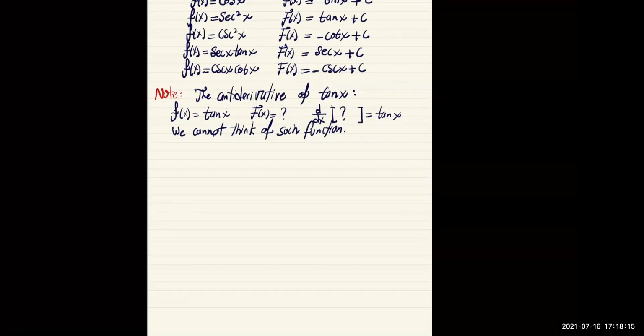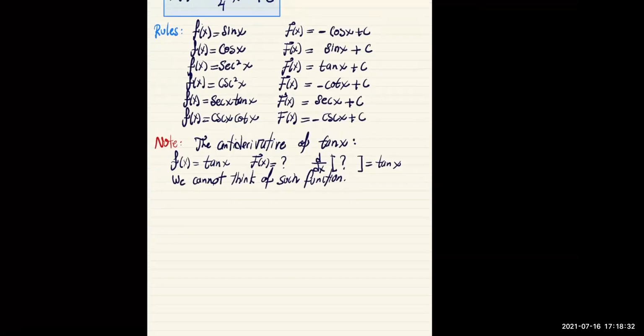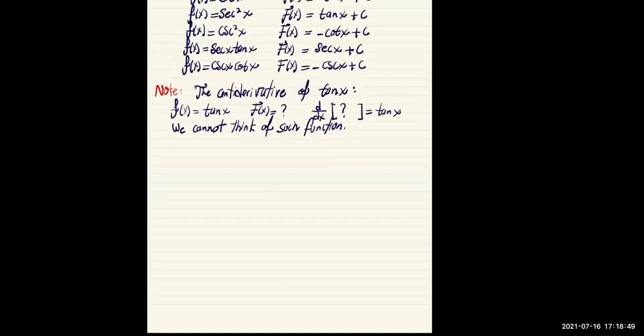So this is a Math 8 question, finding the antiderivative of tangent. I don't like to keep writing little f and capital F. I want to use a notation for antiderivative. You know how you take a derivative?